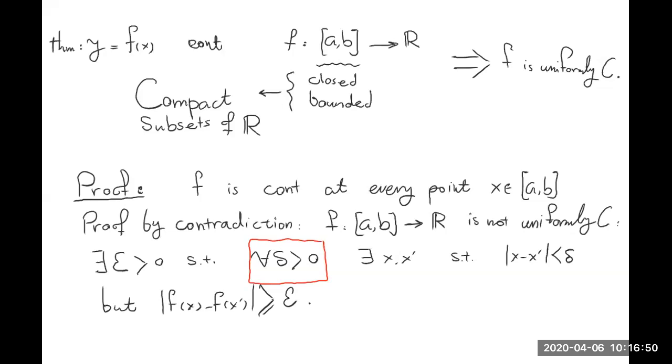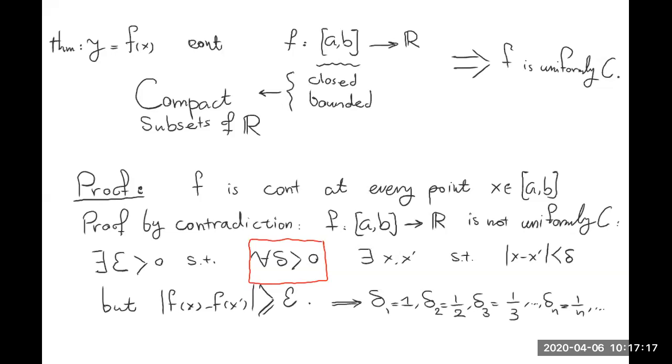It doesn't matter what delta we choose, this thing always will happen, right? So I'm going to choose some specific delta. For example, I can choose delta to be 1, or 1/2, or 1/3, or in general, I can take delta n to be 1/n. For any of these numbers, this statement always holds.